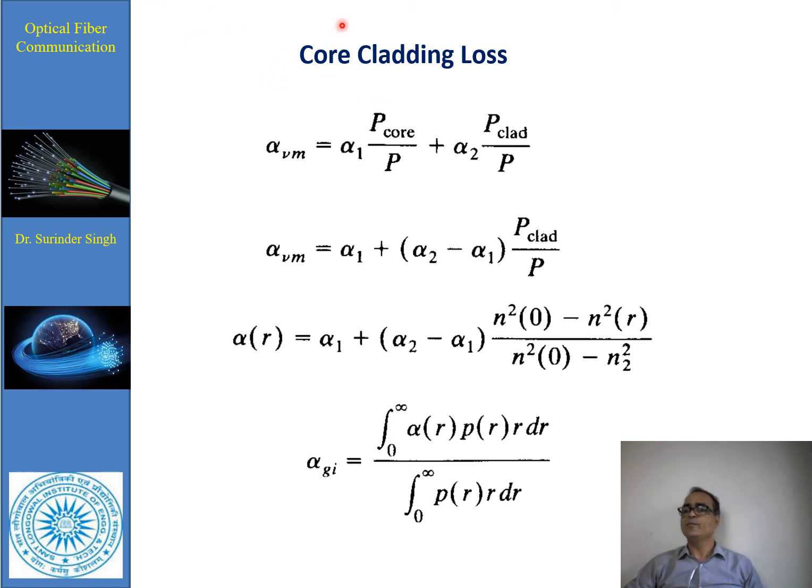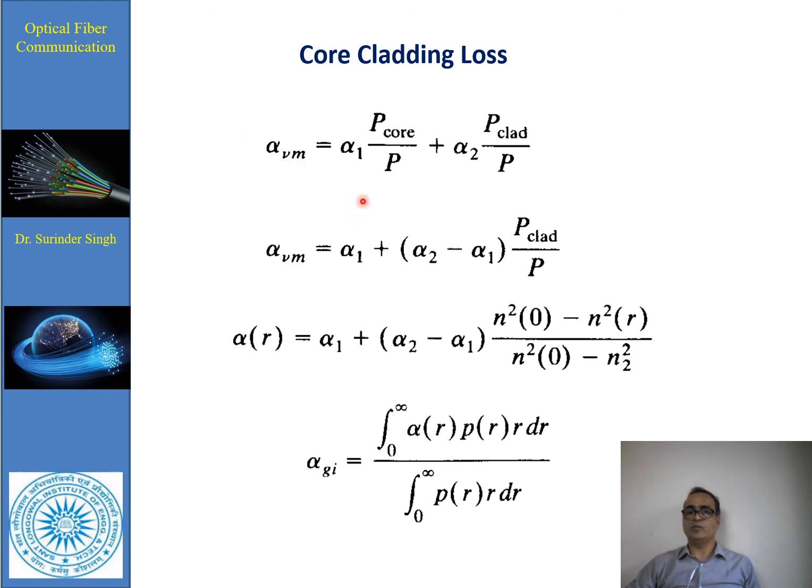Next is core and cladding loss. Core and cladding have different indices of refraction because of the difference in composition. They have different attenuation coefficients, alpha 1 and alpha 2, and the loss for a mode of order v and m is alpha v m.